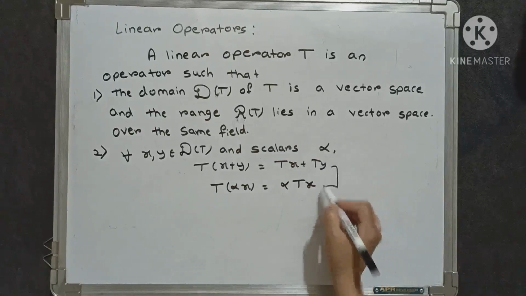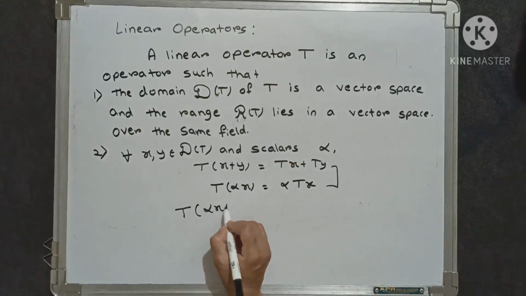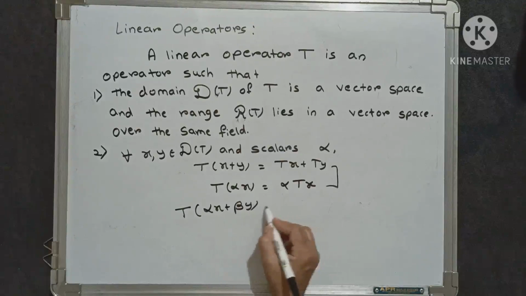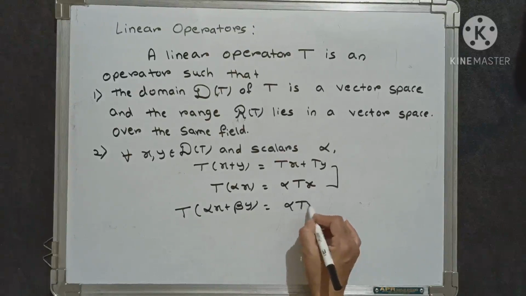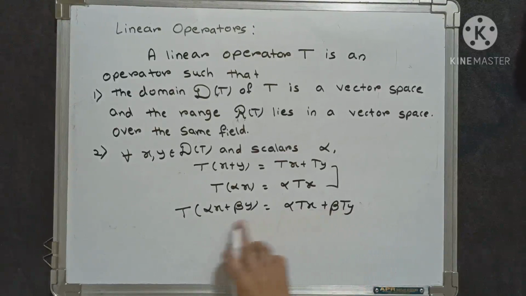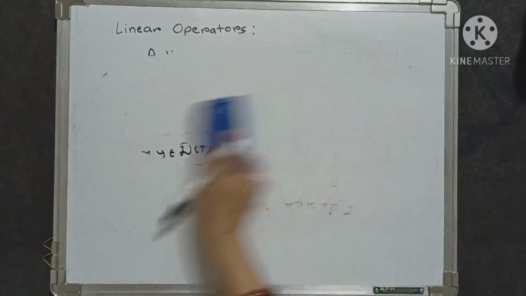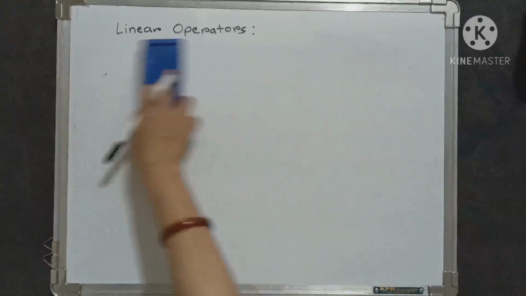This condition is equivalent to the condition that T(alpha x plus beta y) equals alpha Tx plus beta Ty. This is the equivalent condition for the second condition. Now we use the following notations.